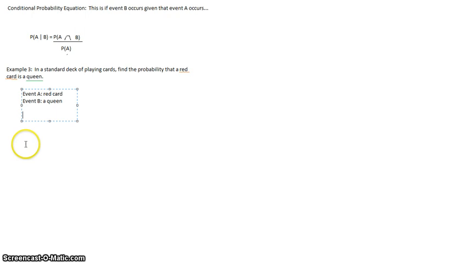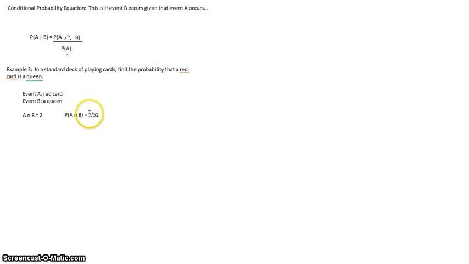There's the Queen of Hearts and the Queen of Diamonds. So my A intersecting B is going to be 2 cards. So the probability of A intersecting B is going to be 2 out of 52.